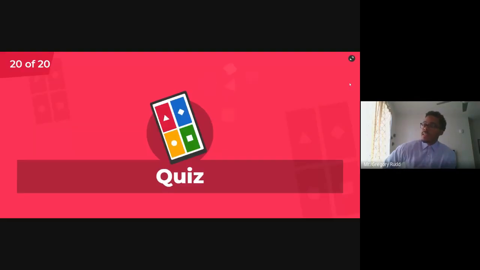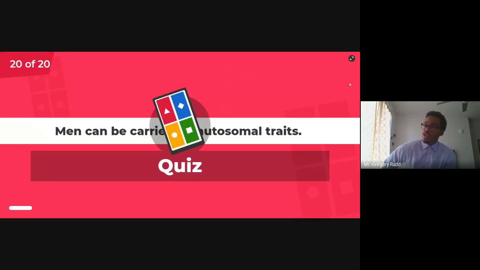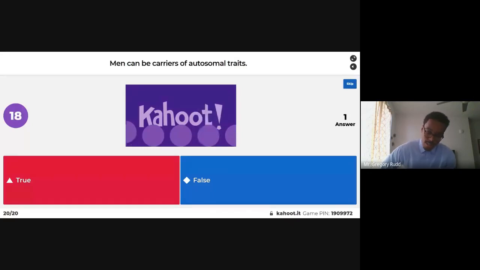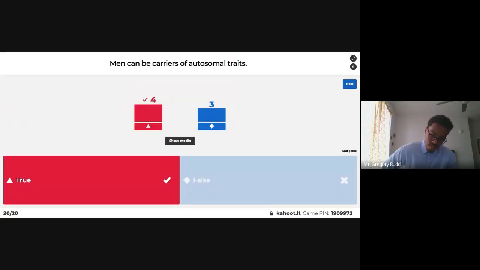Last question. Men can be carriers of autosomal traits. Autosomal, not sex, autosomal. True or false? Good job. That is true.